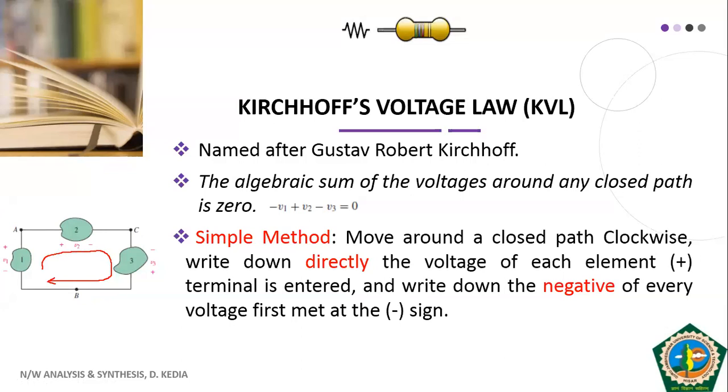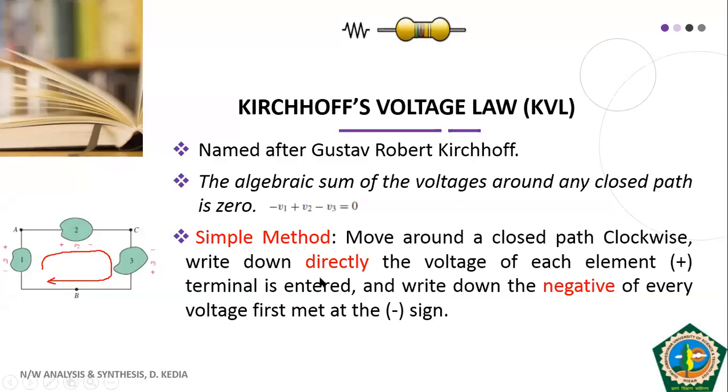You make it a point whether you will go clockwise or anti-clockwise, and then whenever you traverse a path, you go in that direction. I advise you to go clockwise, because we are in the habit of looking at things in a clockwise fashion. From my side, I always adopt the clockwise direction.